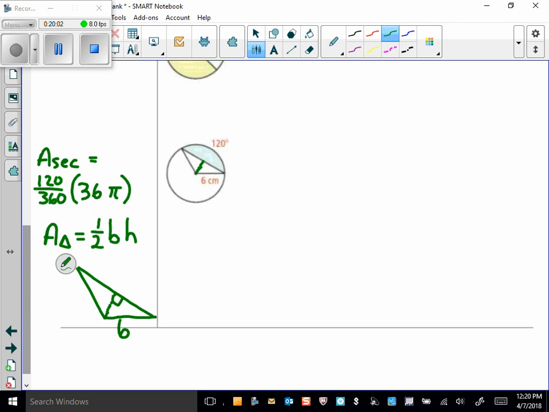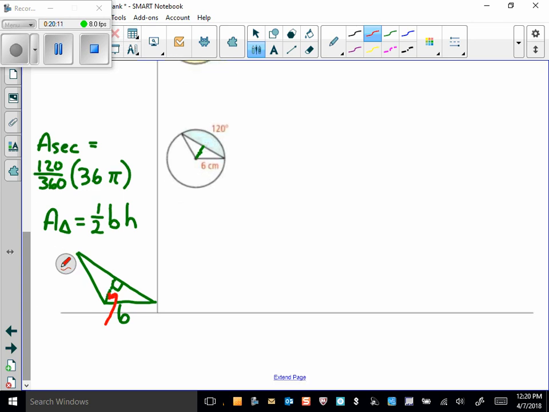If that central angle was 120, then when I bisect it, this angle measure right here is going to be 60 degrees, right? So that means this little angle here is 30 degrees.